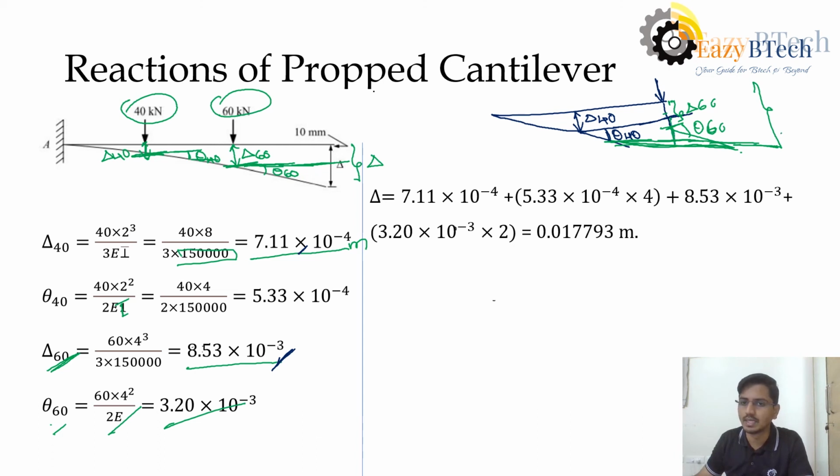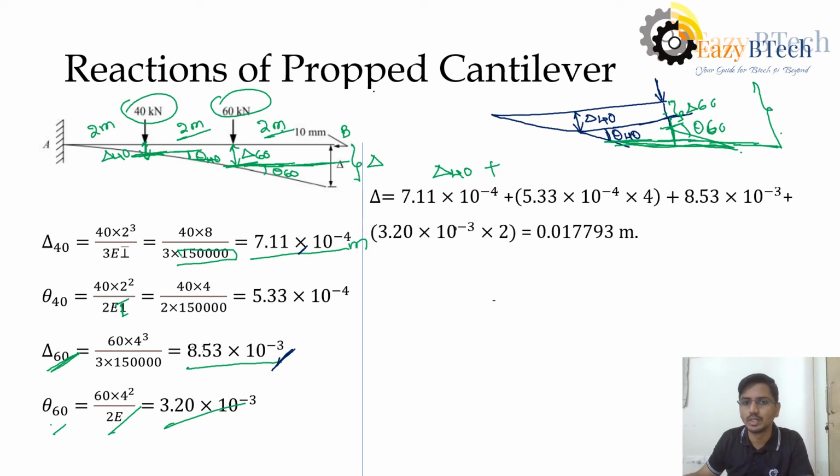So this one, the same approach which we have given, that is delta 40 plus this distance here is 2 meters. Since we are taking here from the B end till 40, it is summation of 2 plus 2.